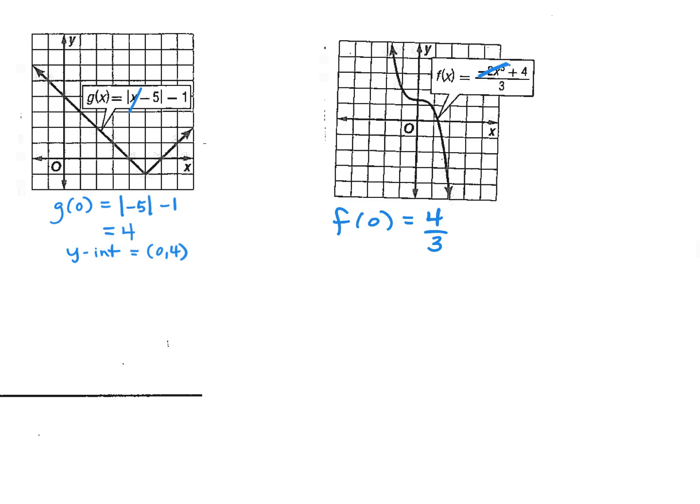That whole marking terms out thing is nice, isn't it? So what is the y-intercept? 0.4. Okay. That's your y-intercept.